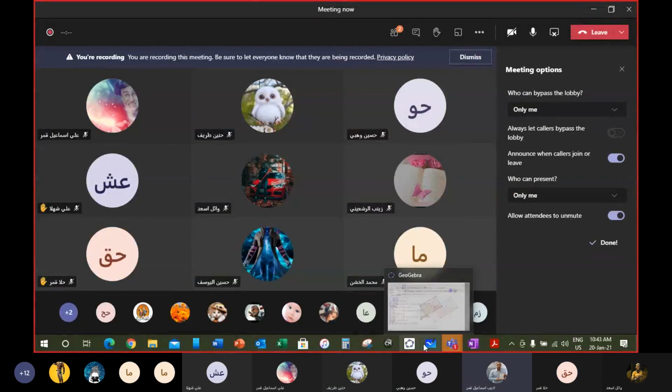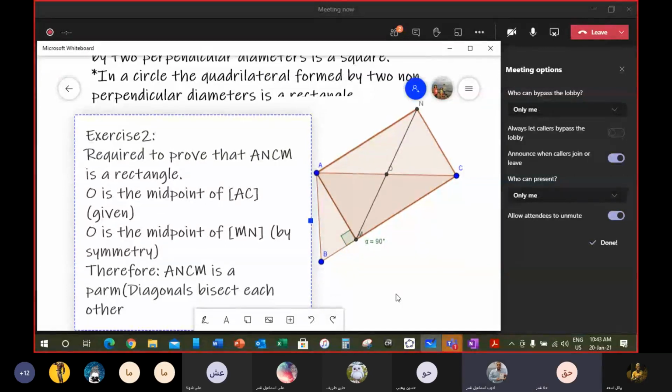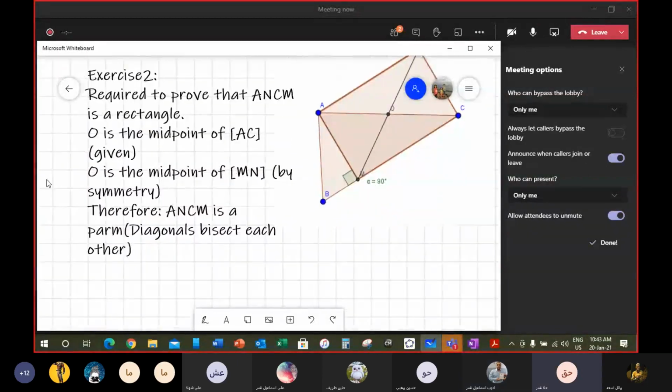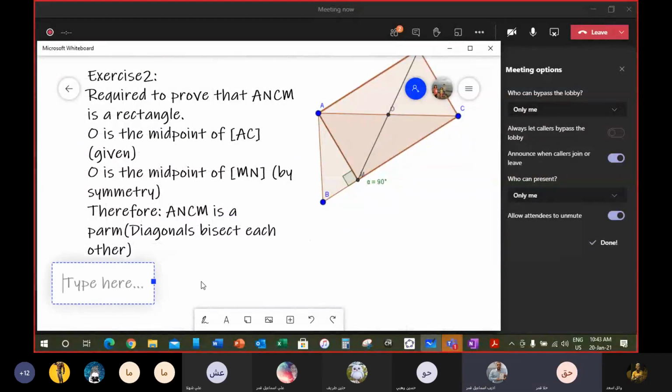Now we have to prove that the quadrilateral is a rectangle. One of two cases. So AMCN is a parallelogram whose diagonals bisect each other.